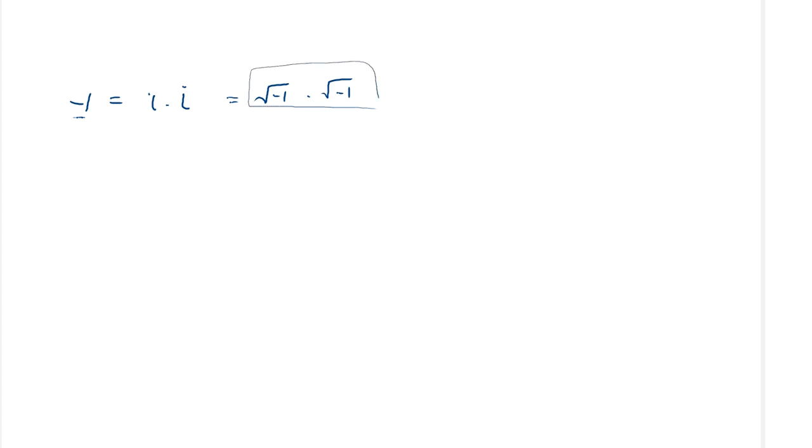In real number calculations, a square root multiplied by a square root results in one square root of the product of the numbers. So is this the square root of 1, which is 1? So -1 does not equal 1. This is a false result. That means the rules of calculation for real numbers are not applicable to imaginary numbers or the complex system.